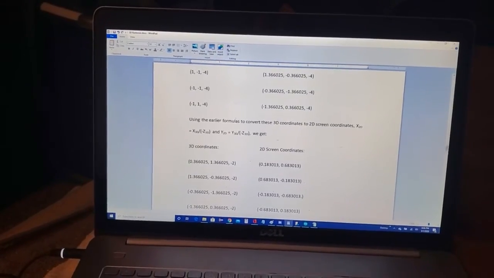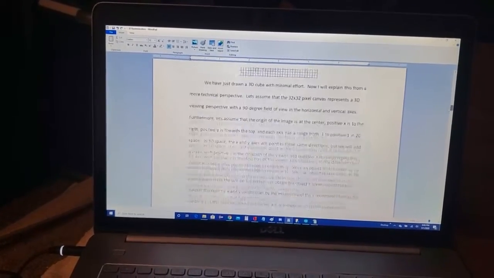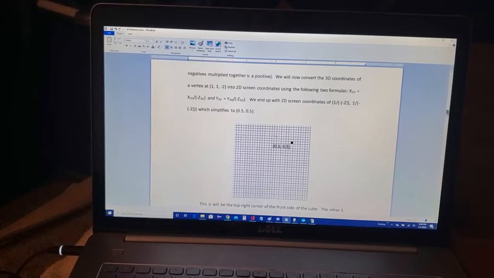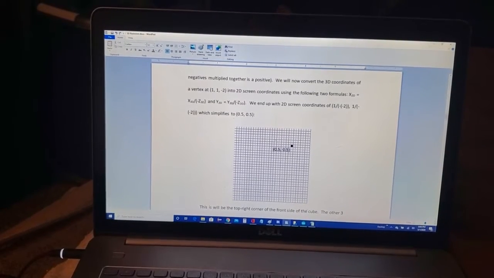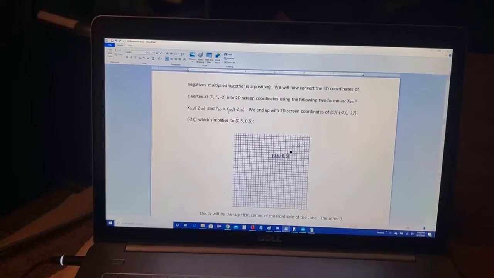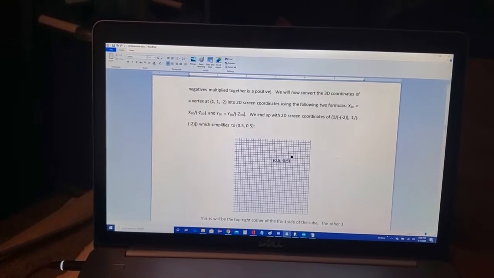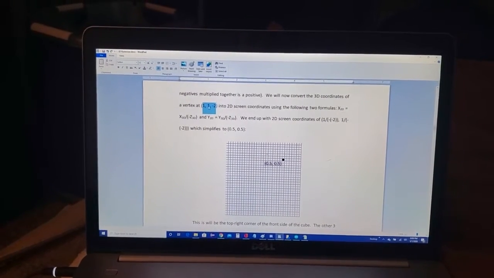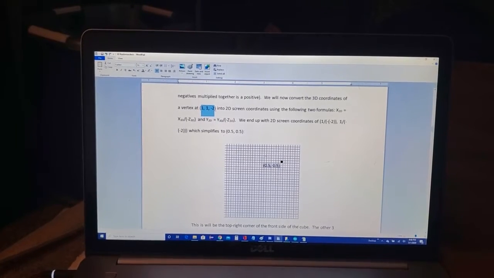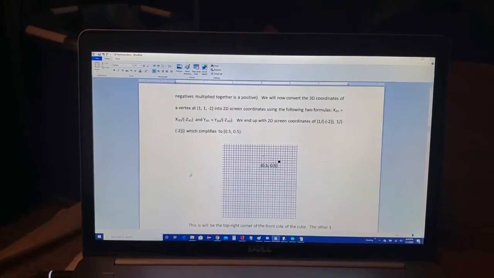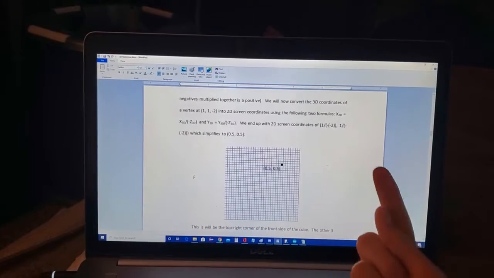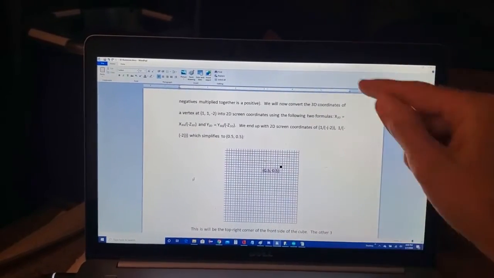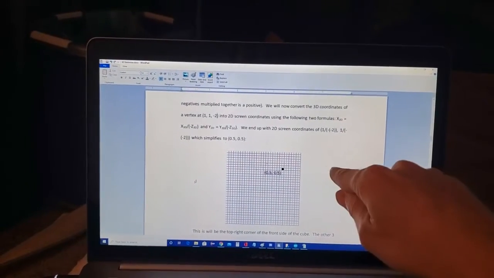Excuse me. Sorry about that. And the way that I got this coordinate here is we're going to assign our first vertex of the cube at the 3D coordinate of 1, 1, -2. So that is 1 unit to the right, 1 unit up, and 2 units into the screen.